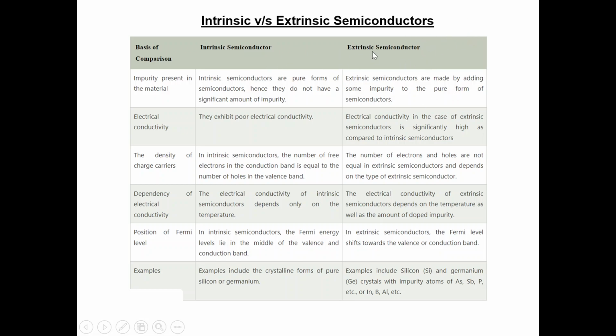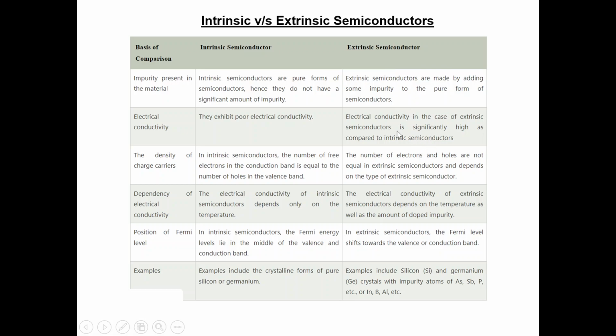So if we take the difference between intrinsic and extrinsic, intrinsic are the pure forms of semiconductors, but extrinsic are the semiconductors which are made by adding impurities, and we can modulate the conductivity in these semiconductors because we are doping something.